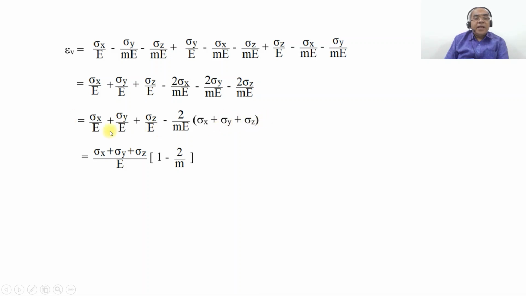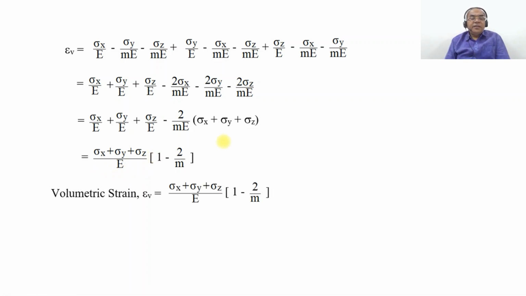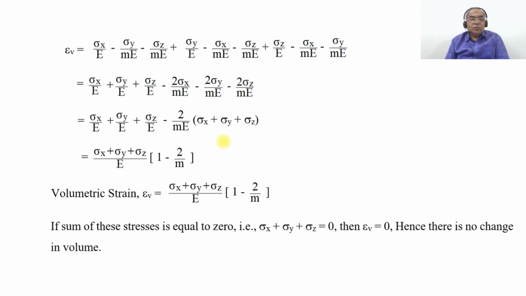So you take out that and you have E in the denominator. So sigma x plus sigma y plus sigma z by E into 1 minus 2 by m. Therefore, volumetric strain epsilon V will be equal to sigma x plus sigma y plus sigma z by E into 1 minus 2 by m.